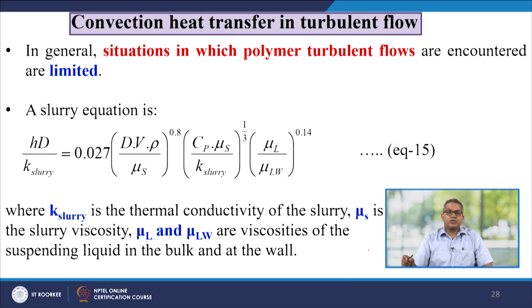In general, situations in which polymer turbulent flows are encountered are very limited. Usually a slurry equation in turbulent flow is important, and this is represented as equation number 15 in this aspect. Here the important factor is the K slurry. This is the thermal conductivity of the slurry, and mu is the slurry viscosity, mu L and mu Lw are viscosities of the suspending liquid in the bulk and at the wall.